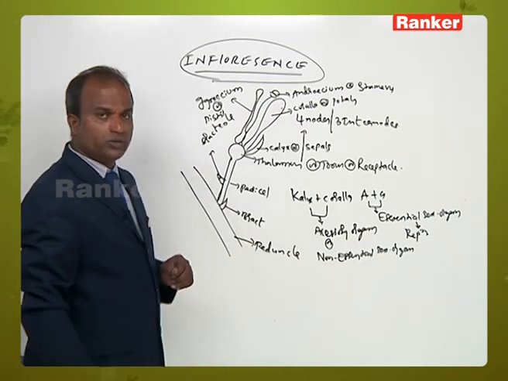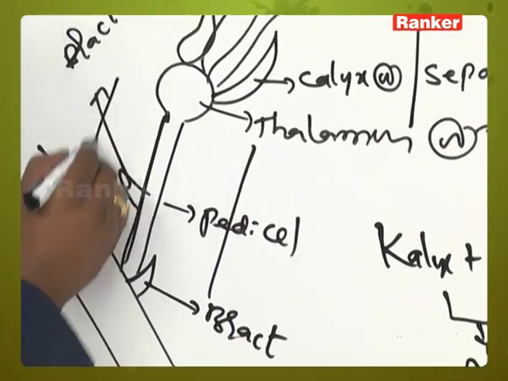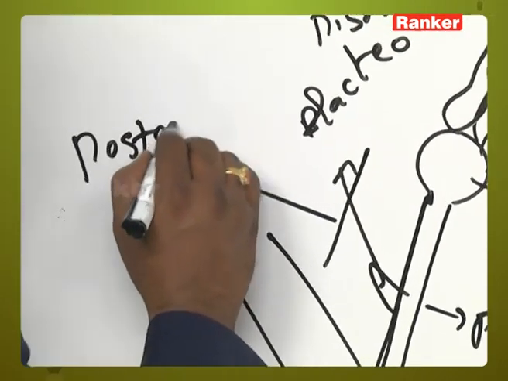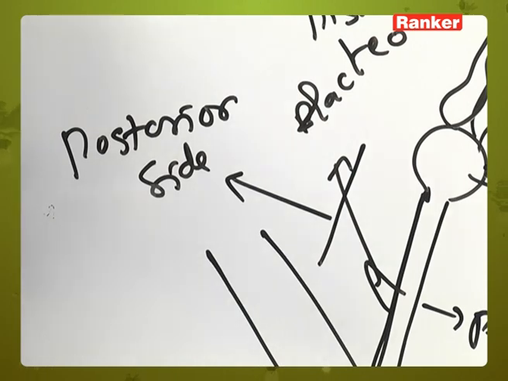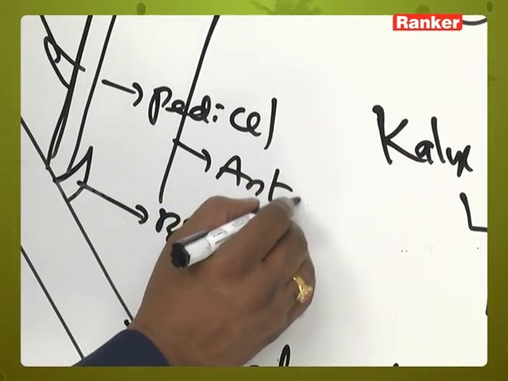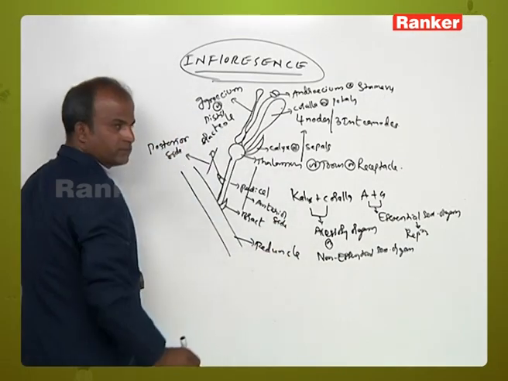Now, how many sides does a flower show? Flower shows 2 sides. This side is called the posterior side, and this side is called the anterior side.